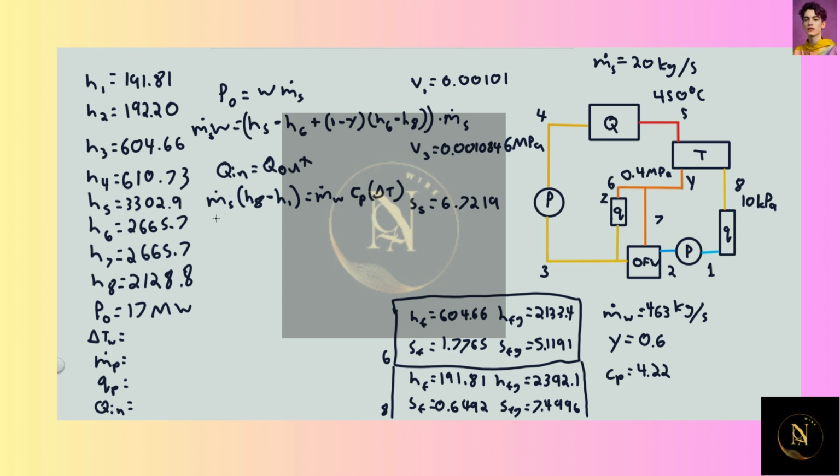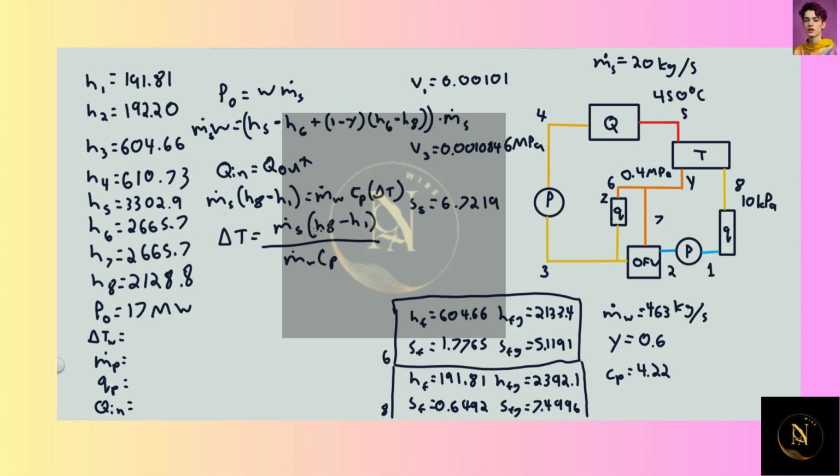Now all we need to do is solve for our delta T, and all we need to do is divide by the mass flow rate of the water and the specific energy. So this would be ms (H8 minus H1) over mw Cp.